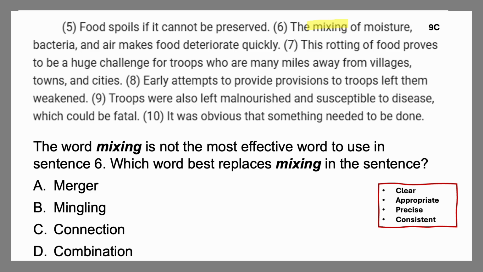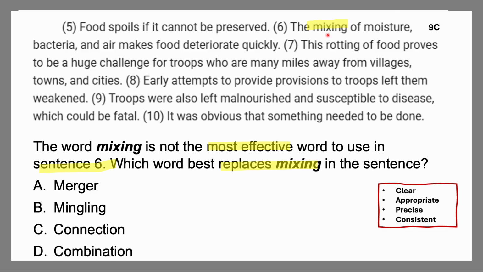All right, let's do a practice question here. So we have the question, the word mixing is not the most effective word to use in sentence 6. Which word best replaces mixing? And so I highly suggest just helping yourself out, like look at the dictionary if you don't know any of the words that are in your answer choices, or if you don't know what this word is, always look it up.